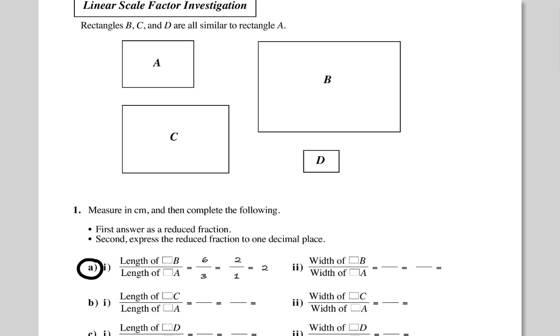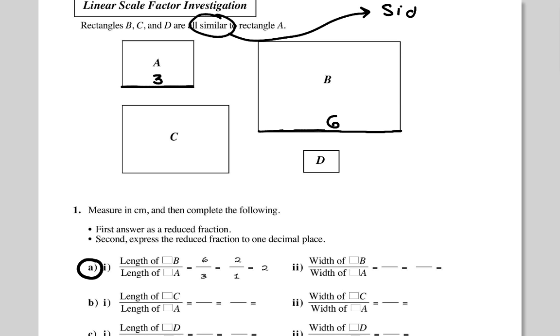All right, they have length of rectangle B, length of rectangle A. So let's say that this length is 6 and this length is 3. Rectangle A and rectangle B are similar, which means what?